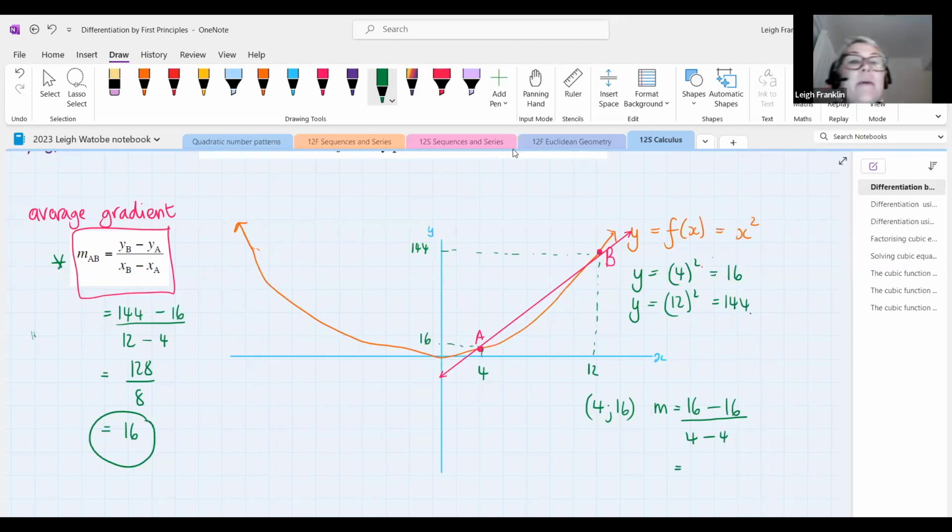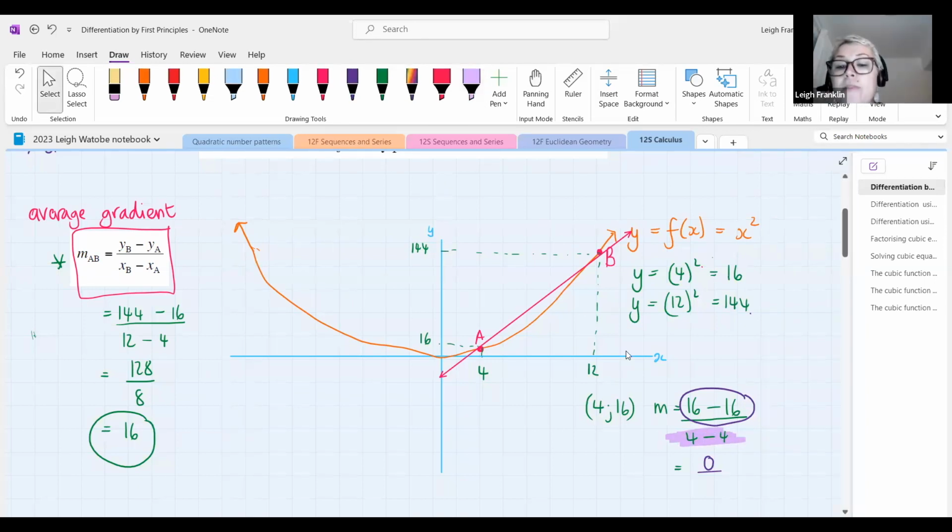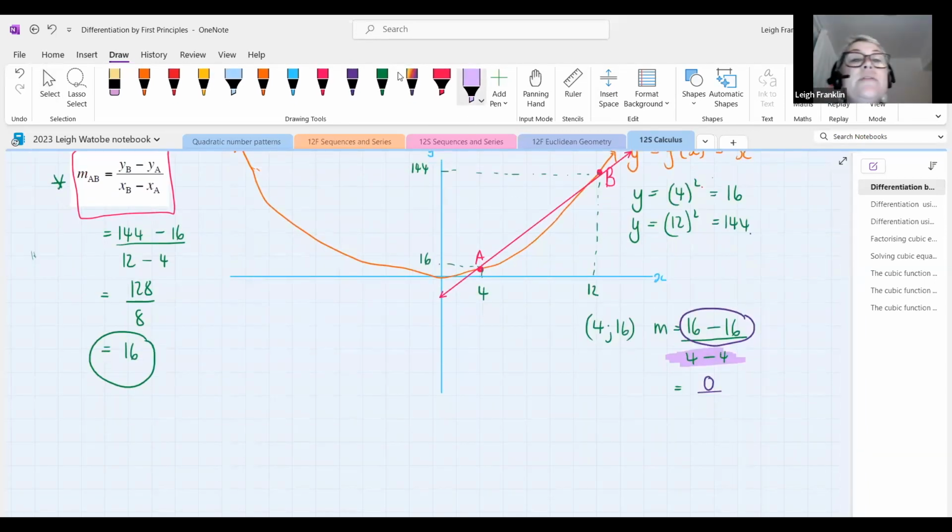Now, the 16 minus 16 at the top is not the problem, because I can have a numerator of 0. The problem is here at the bottom. If I have 4 minus 4 at the bottom, it means I've got 0 in my denominator.